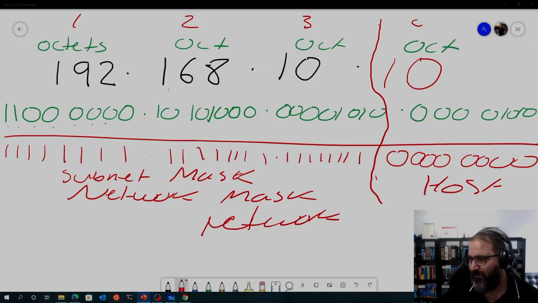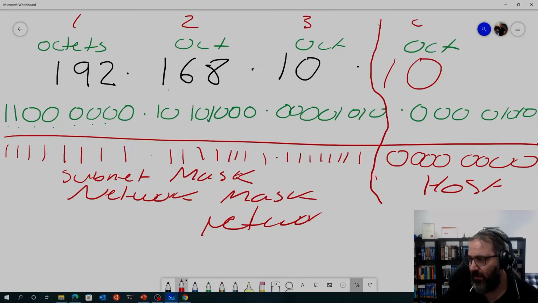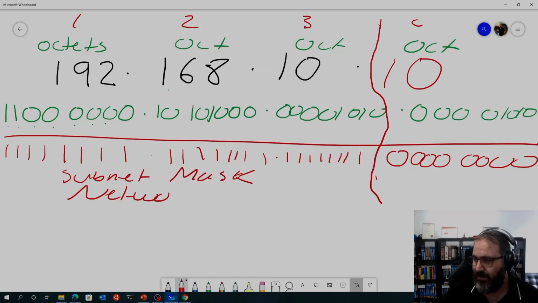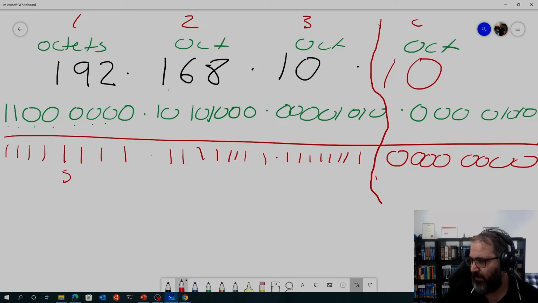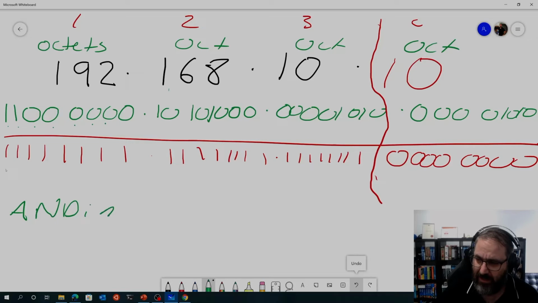Now I'll show you a little bit of bit maths, if you like. It's called ANDing. Personally, it never really helped me learn the concept, but a lot of people swear by it.